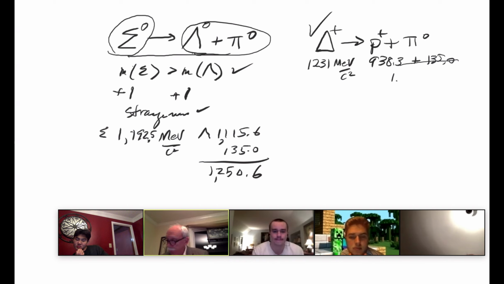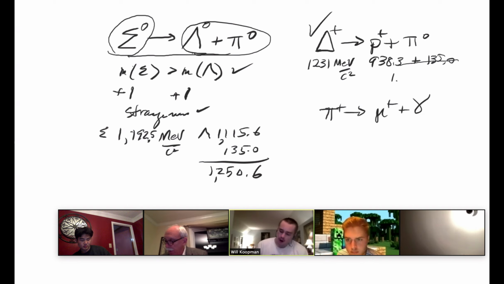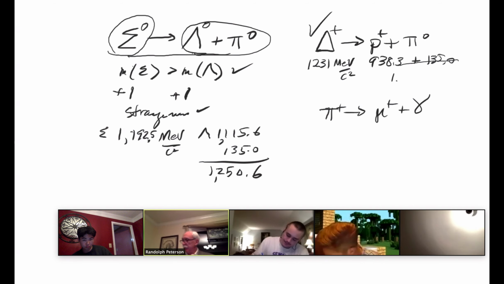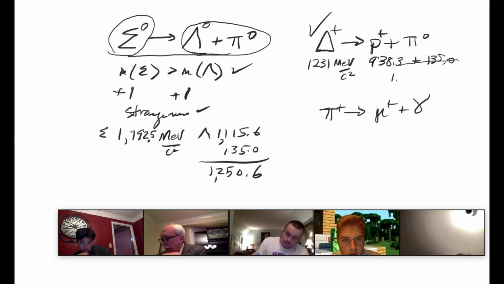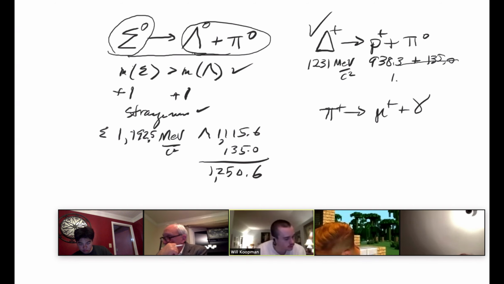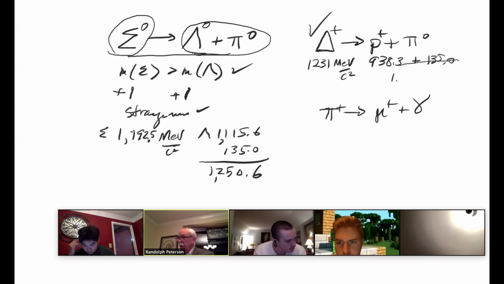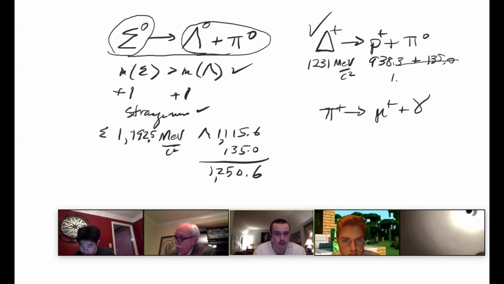So here I've got pi plus decays to a mu plus and a gamma. Charge conservation: conserved. Mass energy: works, does it? The pi meson is bigger than the muon.